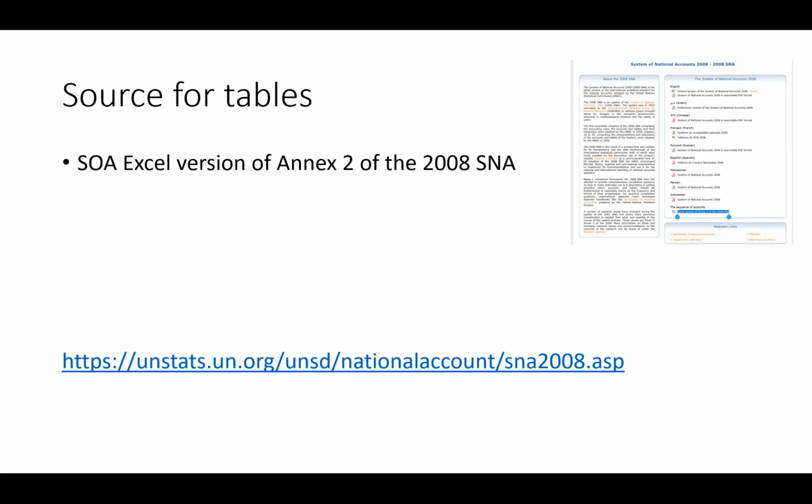I fully recommend you to check this Excel file later on. So if you have any question on how the value is calculated or how the balancing item is calculated, you can make sure by checking the formula given in the Excel file.